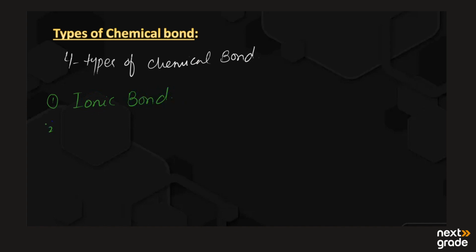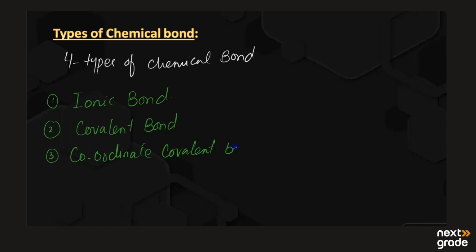The second, we have the covalent bond. The third one, we have the coordinate covalent bond. This bond is also known as the dative bond.